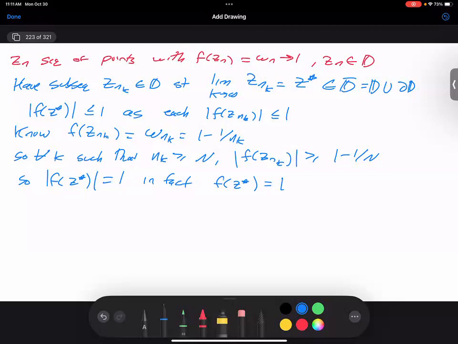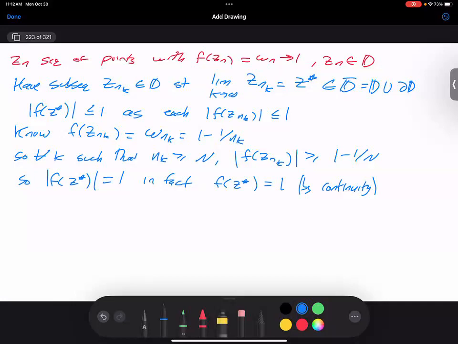By continuity, it has to be 1. You can later analyze the proof and see if I've put in some things that I don't need. But just because the function is continuous, as the z_{n_k}'s approach z star, the f of z_{n_k}'s have to approach f of z star. The only possibility for f of z star is 1.